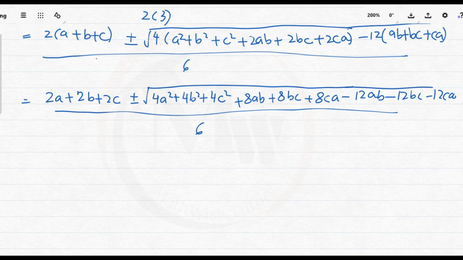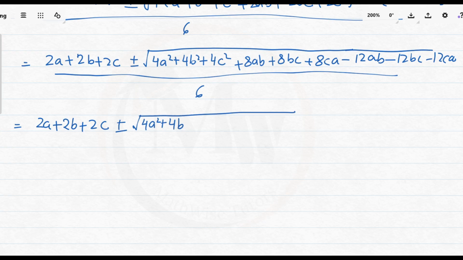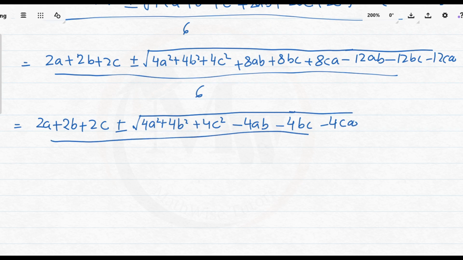Now combine the like terms. First term as it is, and inside the square root 4a squared plus 4b squared plus 4c squared, and the like terms 8ab minus 12ab become minus 4ab, minus 4bc and the same, minus 4ca, divided by 6.